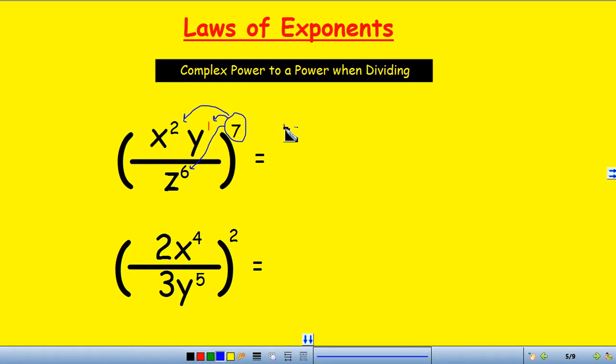If we were to rewrite this, we would get x raised to the power of 2 times 7, times y to the power of 1 times 7, divided by z to the power of 6 times 7.